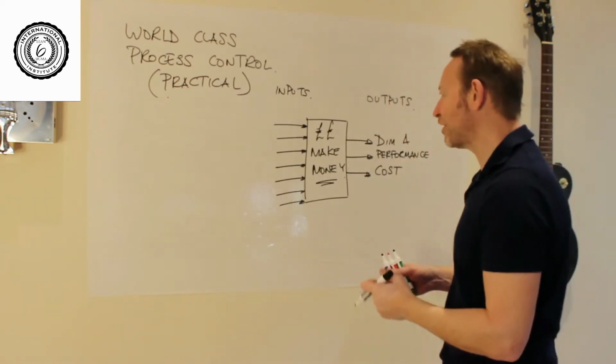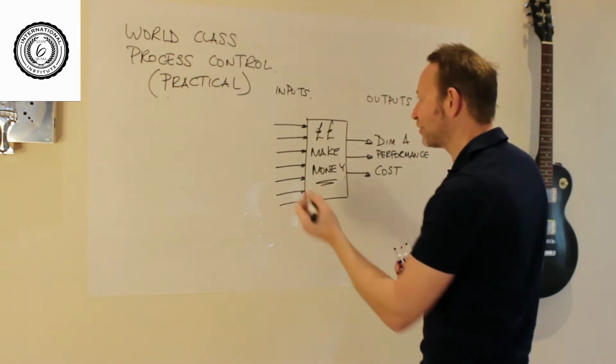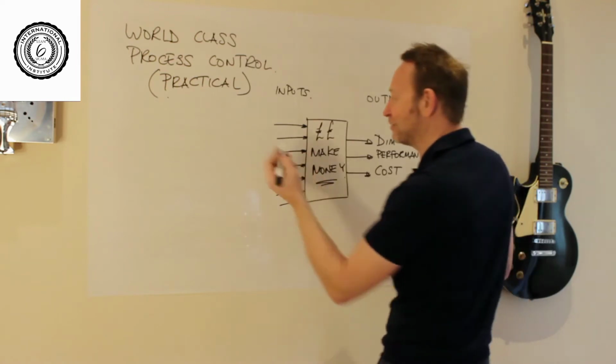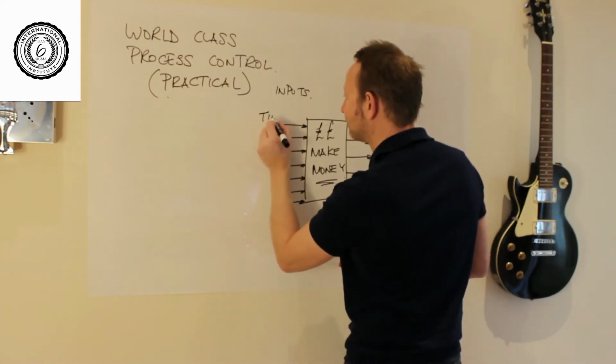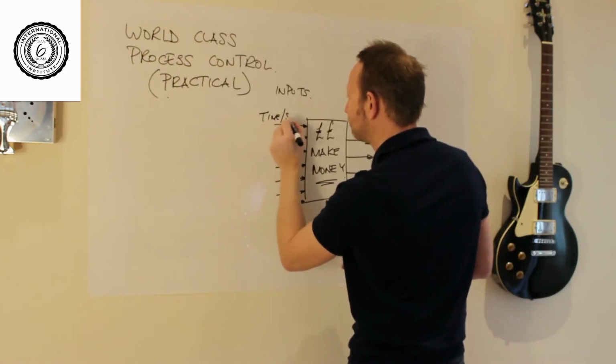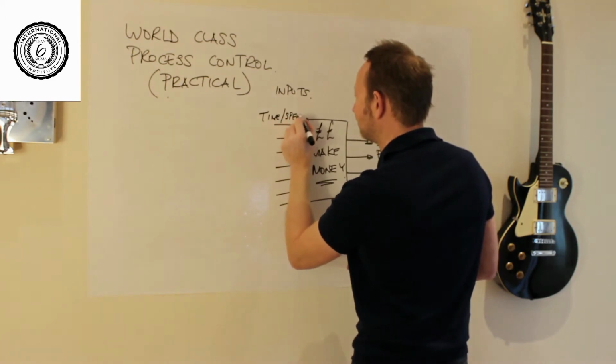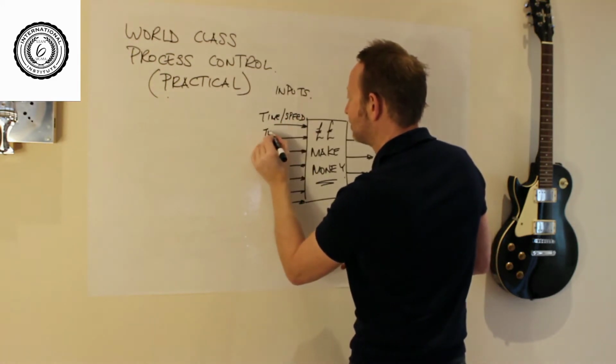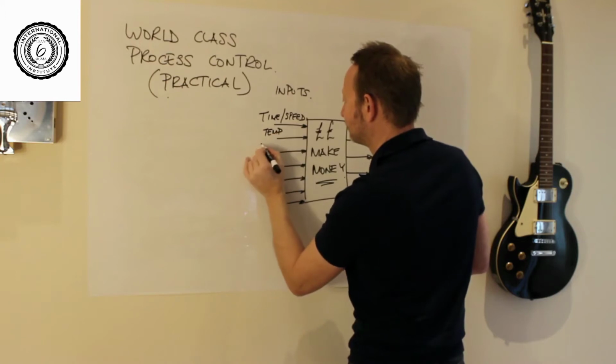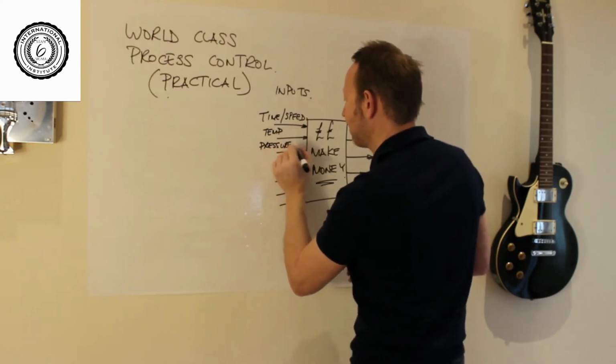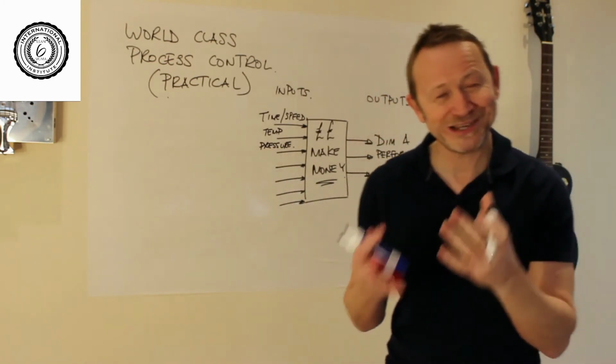Well, it's very straightforward. The variables over this side, some of them could be settings. I'll put a couple in. Time or speed. Temperature. Pressure. So they could be settings.